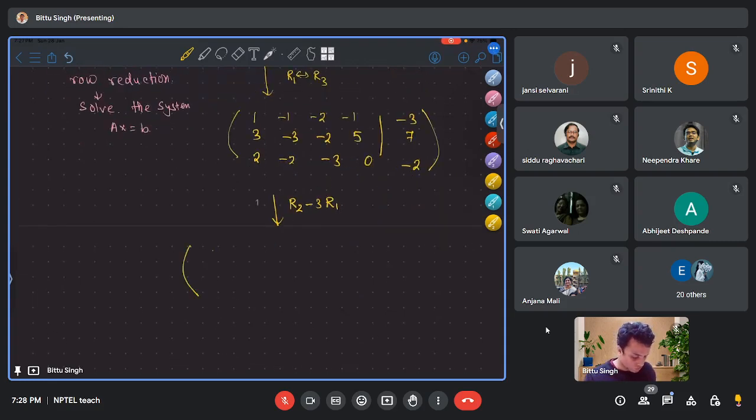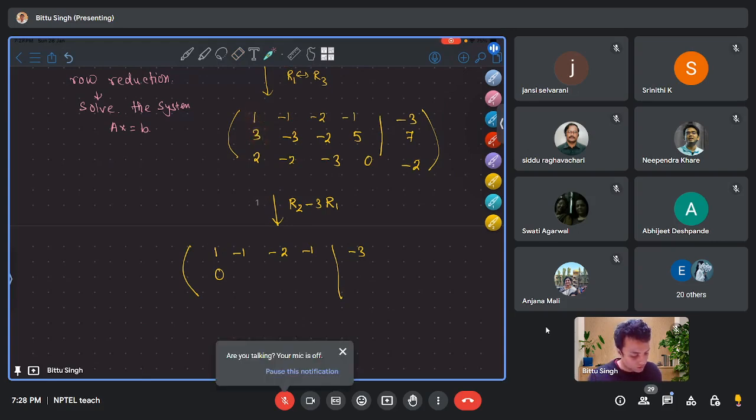This will give 1 -1 -2 -1, and here it is -3 and it is 0 now. Again you can see 3 minus 3 is 0. Now -3 minus 3, then it is also 0.